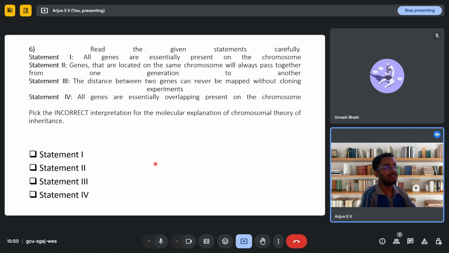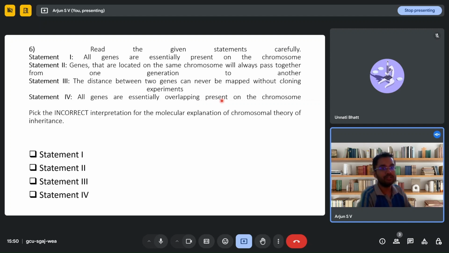Statement 2, genes that are located on the same chromosome will always pass together from one generation to another, which is not true because we also saw the concept of crossing over and recombination as well. Statement 3, the distance between two genes can never be mapped without cloning experiments, which is kind of true. And statement 4, all genes are essentially overlapping present on the chromosome, which is also true.